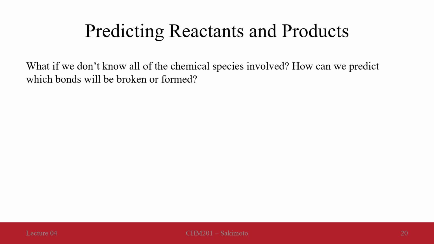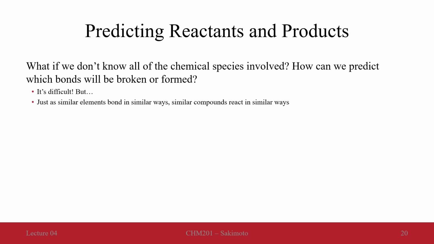The other half of chemistry is trying to predict an unknown reaction in which I know what reactants I'm starting with. How do I predict reasonable, plausible products that I might end with? How will these atoms rearrange themselves? How do I predict which bonds will be broken, which ones will be formed? It is difficult.